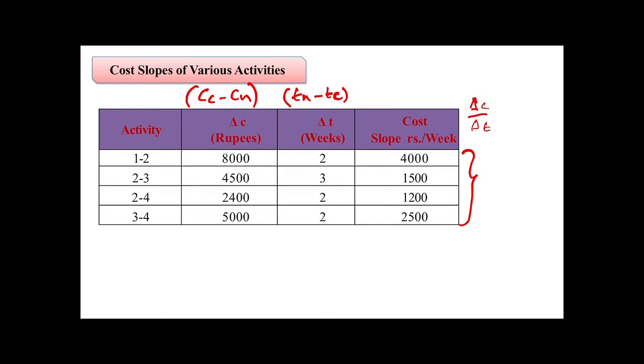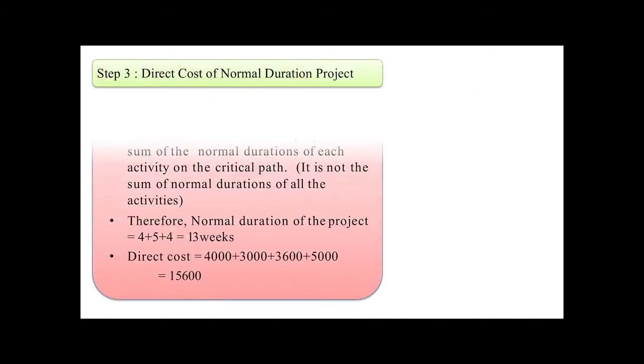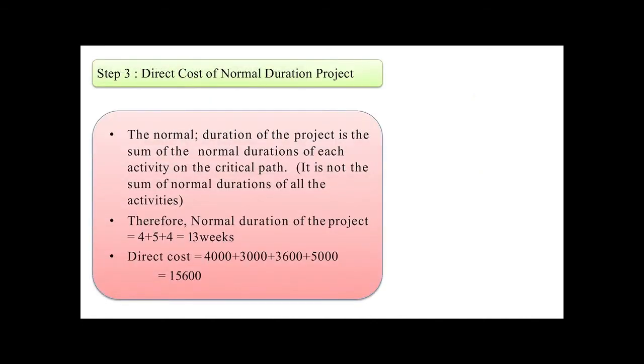Now this cost slope you have to keep in consideration. So remember this cost slope for each activity. Now next step, direct cost of normal duration. As we have discussed already, we have to find out the direct cost of normal duration.